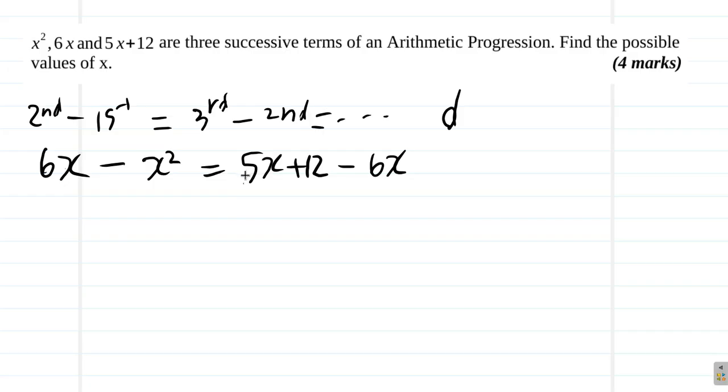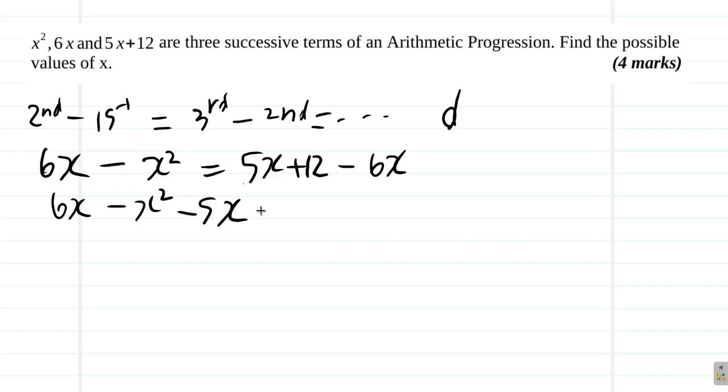Let us transfer everything over to the left hand side and make them all equal to 0. So what you have is 6x minus x squared. Subtract 5x from both sides, you get minus 5x on the left. It subtracts itself on the right.